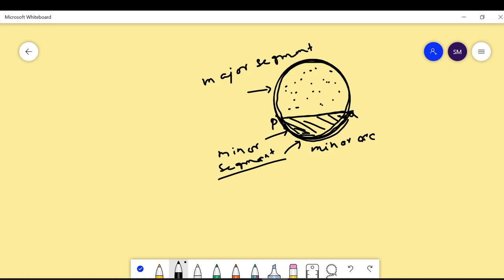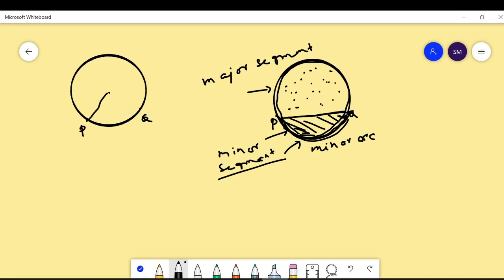Now the basic difference between sector and segment. The area between the chord and the arc is called the segment, while the sector, what is a sector? Look at here, this is a circle. Suppose this is the center and PQ is an arc.